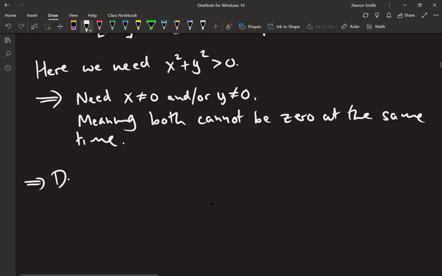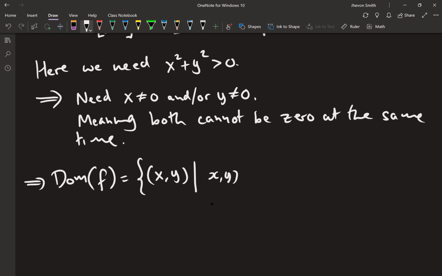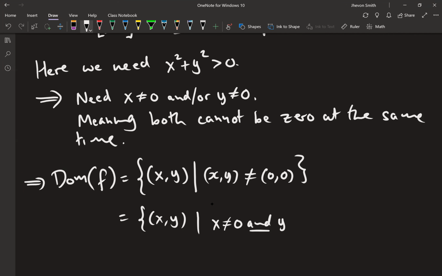Meaning the domain of our function is the set of all possible coordinates x, y such that x, y is not the origin. Or you can say this is the same as all possible coordinates such that x not equals 0 and at the same time y not equals 0. And it's very important that you put and here and not or, because the or can work. So that would be the domain.